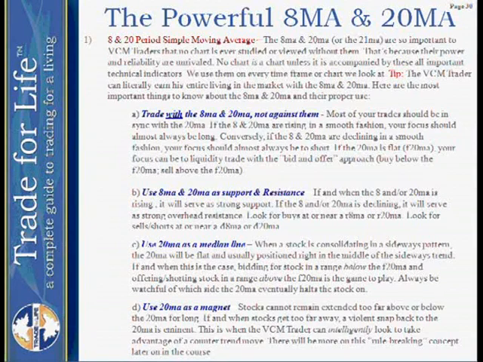Now, the 20 is a median line during sideways consolidations. The 20-period moving average serves as a middle point. When the stock is moving sideways in a trendless environment, it will often crisscross the 20 back and forth.